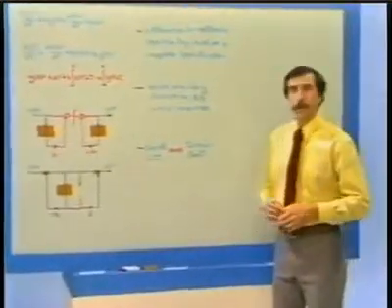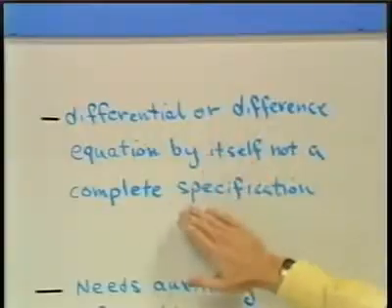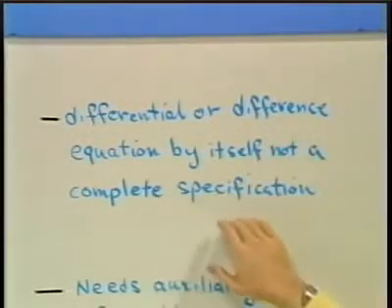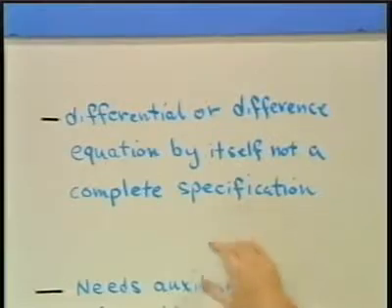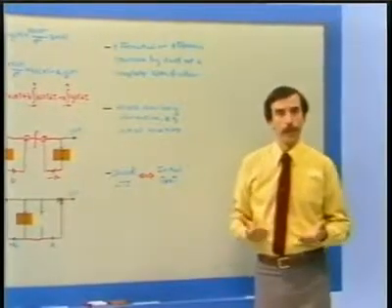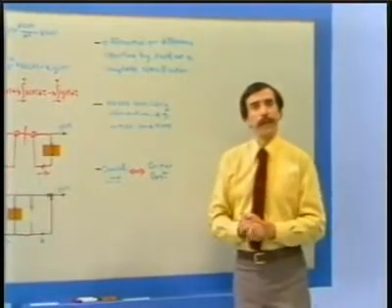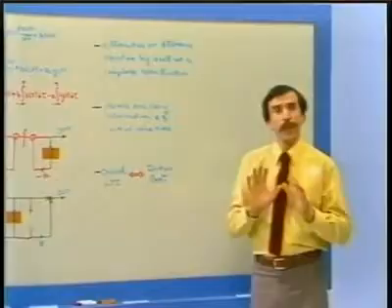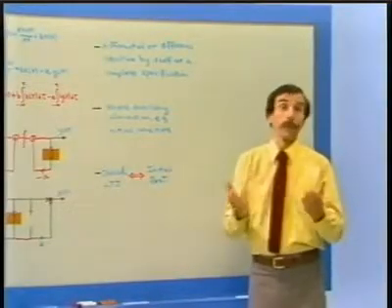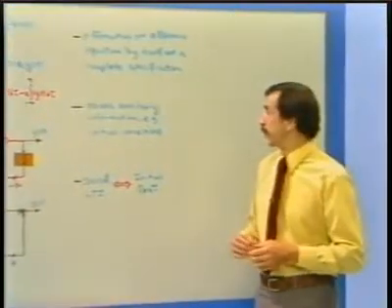I also stressed the fact that differential or difference equations by themselves are not a complete specification of the system, because we can add to any solution a homogeneous solution. How do we specify the appropriate initial conditions to ensure that the system is linear and time invariant?